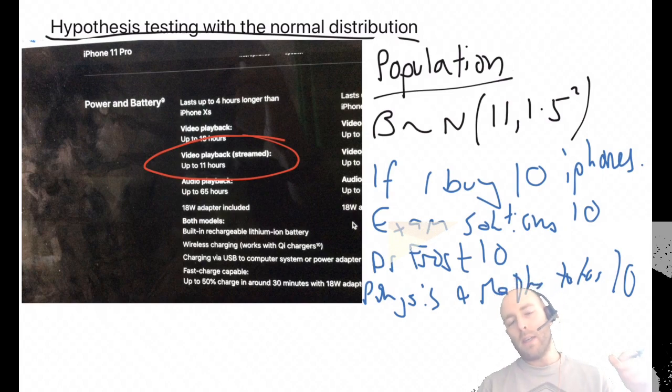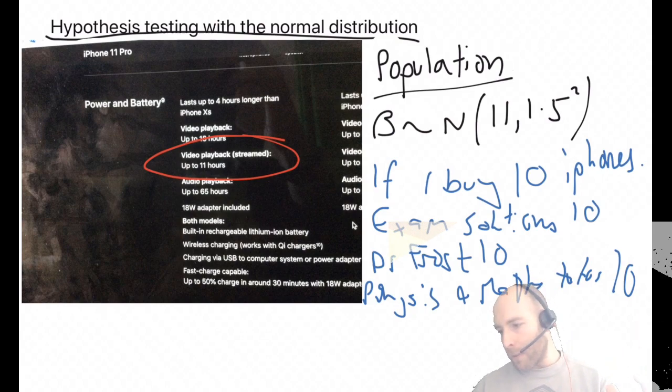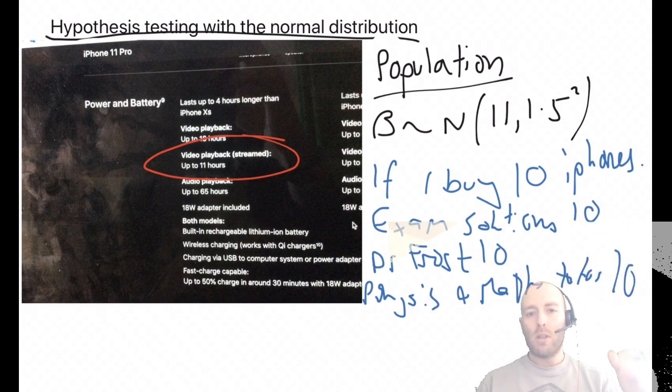We work out the average lifetime of the battery when you're streaming something. We could then find the mean of all of our averages, and we could test whether that mean could be coming from the overall sample mean.